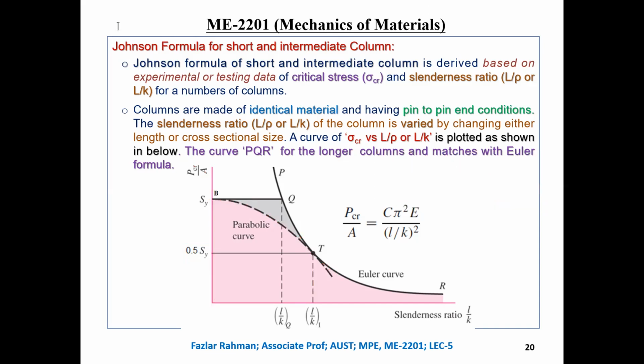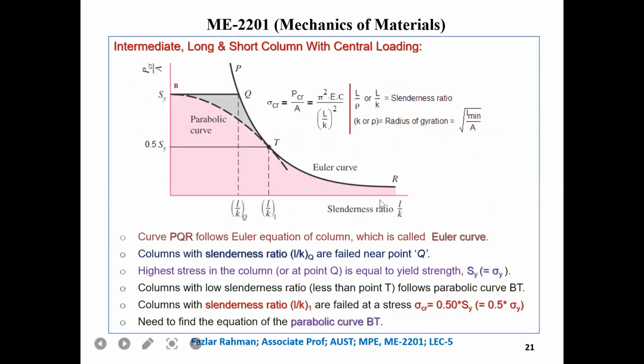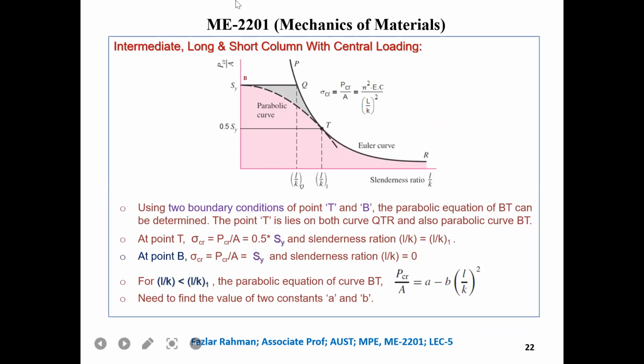Okay, so let's go through the next slide. Interestingly, you see, from point T, if you go to the right, all the columns follow the Euler equation. And from point T, if you go to the left, all the columns follow this line BT.